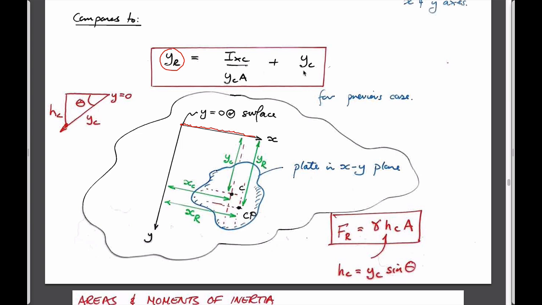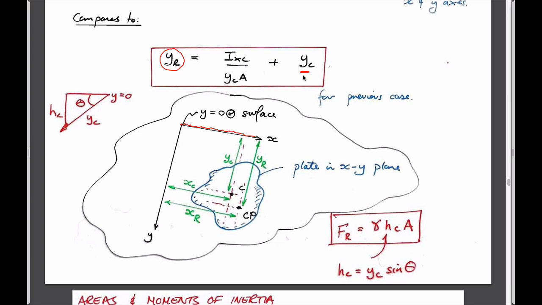The in-plane length to the centroid is the middle of this, its balance point, the center of this plate. But the point of action of the force is always either at that point or below it, always. And you can see that from this expression, because it has the location of the centroid, plus some distance below it, always positive.